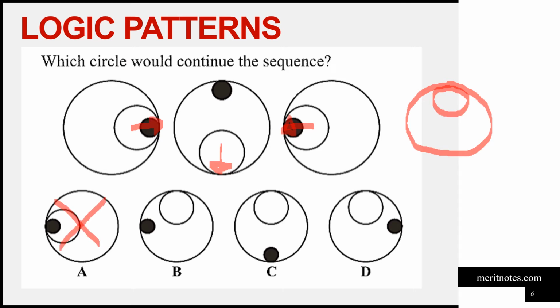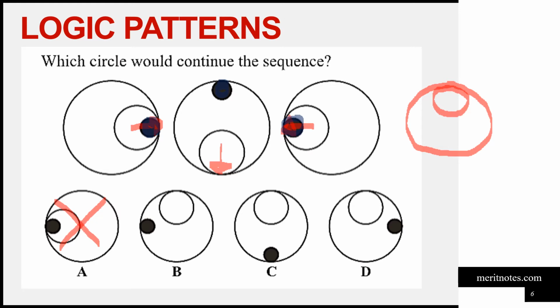Now, for the smallest circle, which is shaded black, for the first circle, you can see that it is on the right side, or the right part of the circle, because circles do not have a side. And then, the shaded circle on the second bigger circle is on top, while the shaded circle on the third set of circles is on the left side, or the left part of the bigger circle.